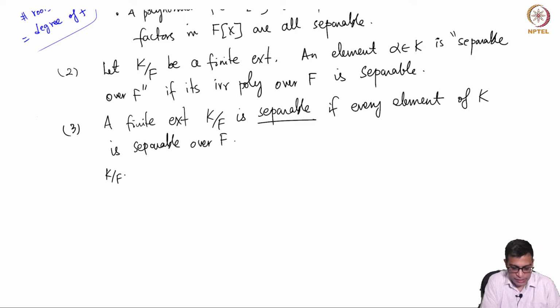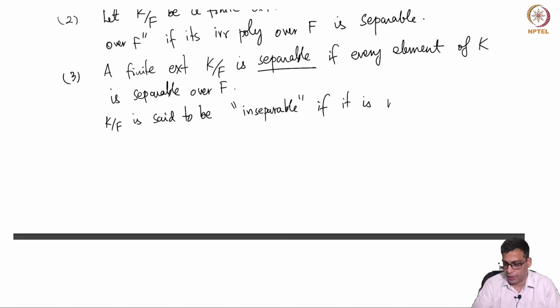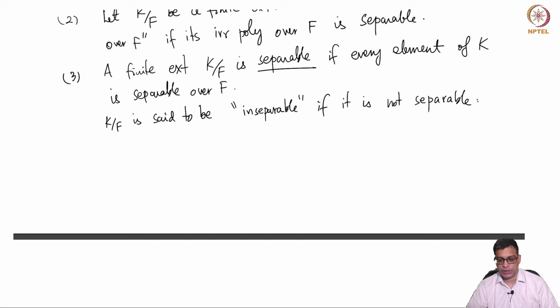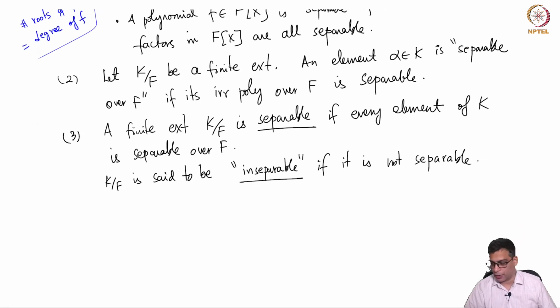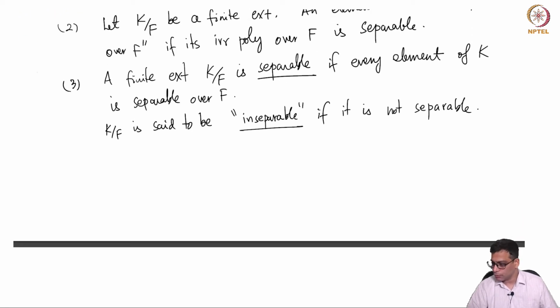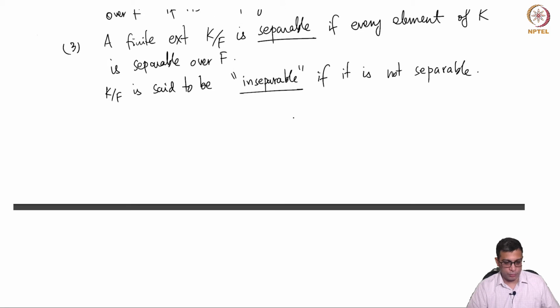K over F is said to be inseparable. So the antonym is inseparable if it is not separable. That means even one element is not separable. So just like the antonym for algebraic is transcendental, so we say that extension is inseparable if it is not separable.